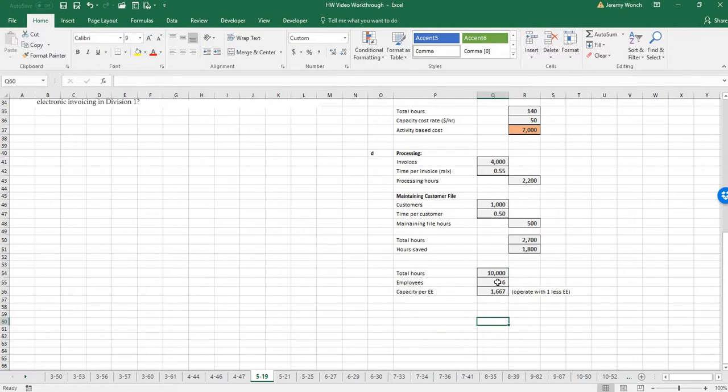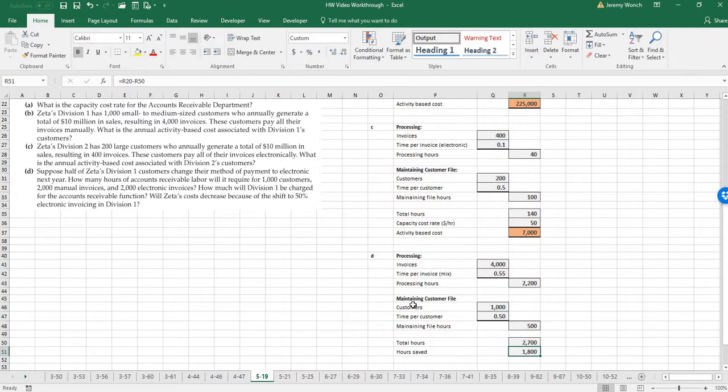Since they said they had 10,000 hours and 6 employees, the capacity per employee was 1,600, and we just said 1,800, we could actually decrease the number of employees. We could go down to 5 employees.